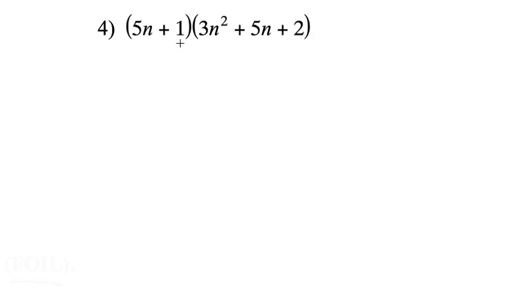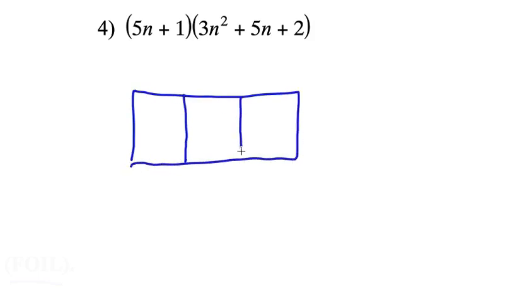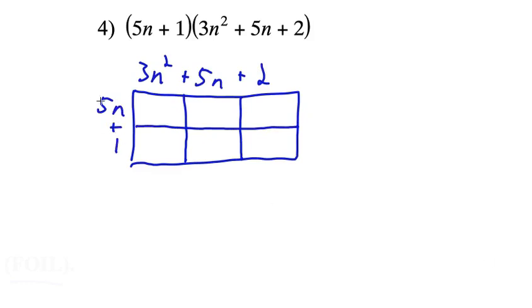Okay, here's another one to try. 5n plus 1 times 3n squared plus 5n plus 2. I'm setting up my box. I know I'm going to have the trinomial across the top and the binomial along the side. 5n times 3n squared, 5n times 5n, 5n times 2. 1 times 3n squared, 1 times 5n, and finally 1 times 2.